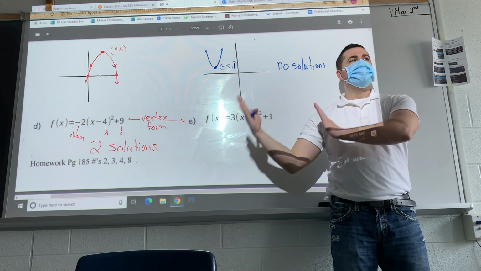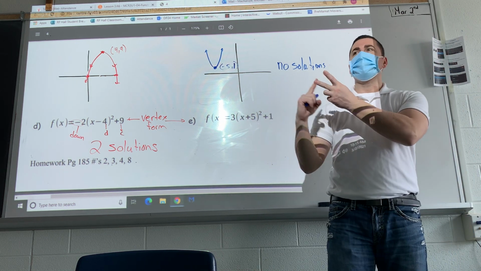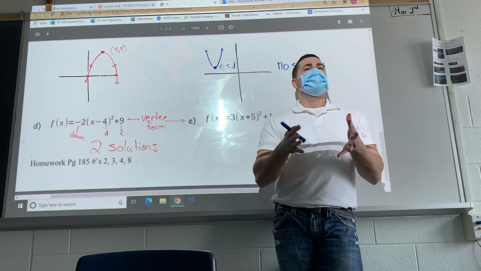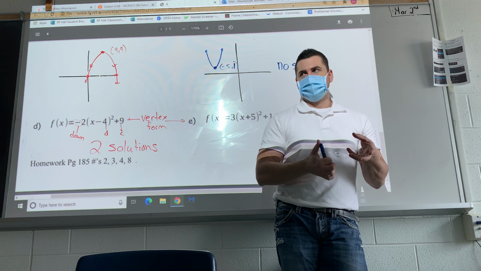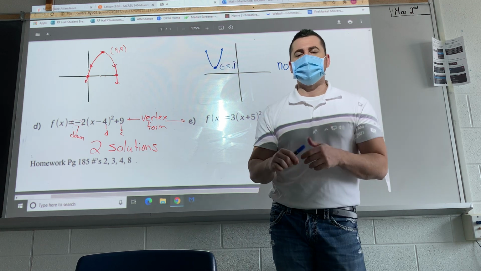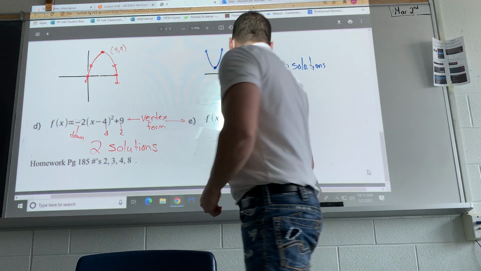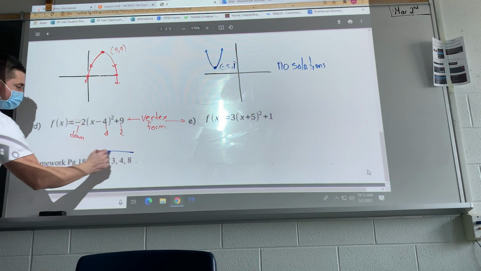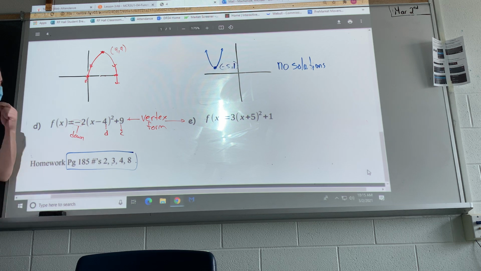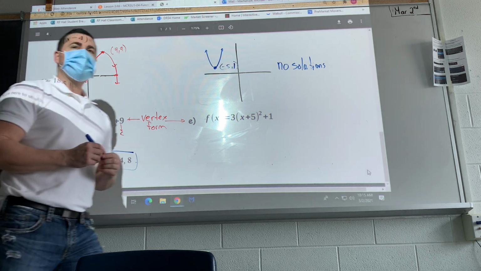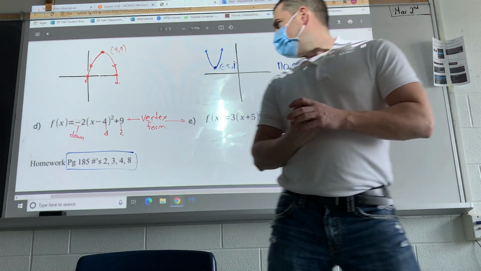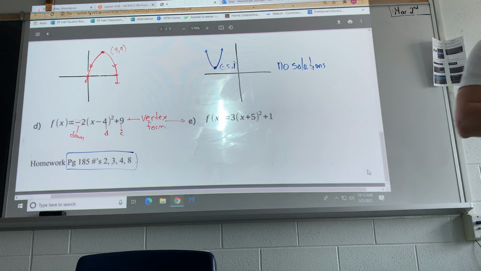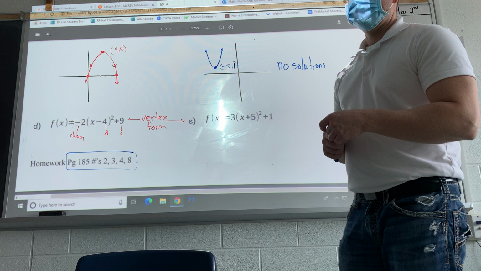Okay, so again, in 3.5, we're doing factoring and the quadratic formula to find the intercepts. In 3.6, we're just seeing how many there are. So you do discriminant. Okay, homework here. You can continue with 3.5 if you like to, or you can move on to 3.6. It's just 4 questions. Page 185, 2, 3, 4, and 8.